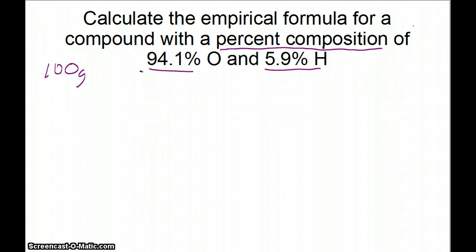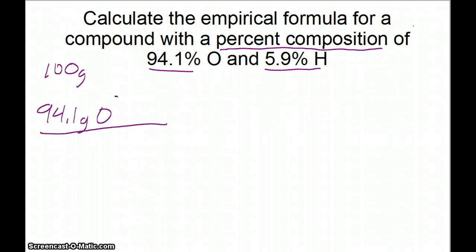If we have 100 grams of it and 94.1% of that is oxygen, we know that there are 94.1 grams of oxygen in that 100 grams. So step 1 is just to change to grams.